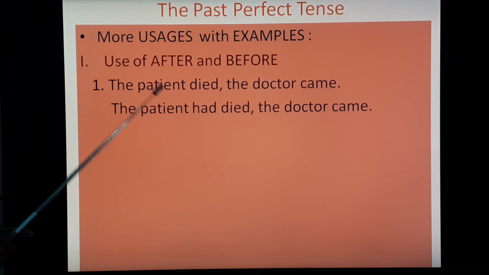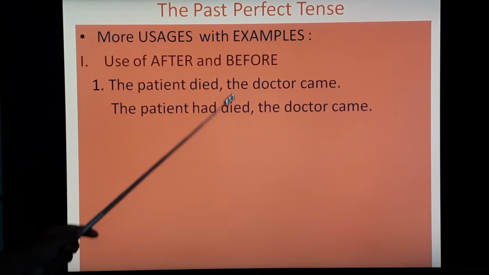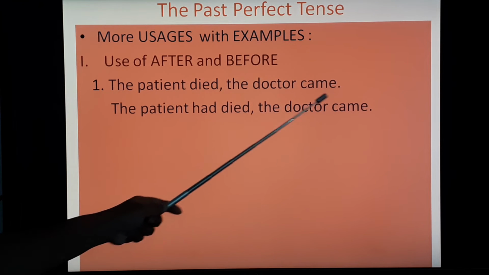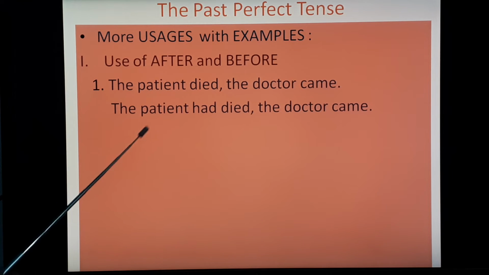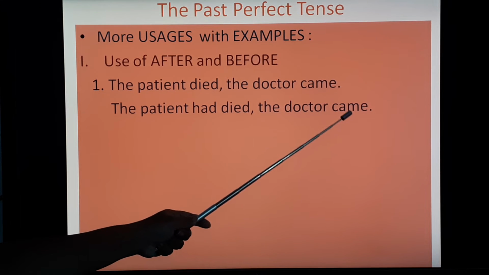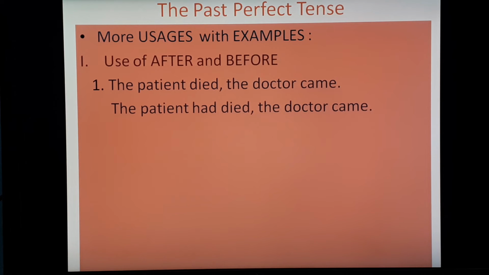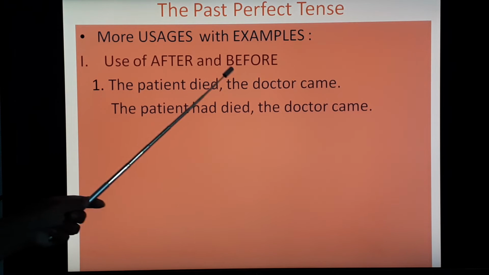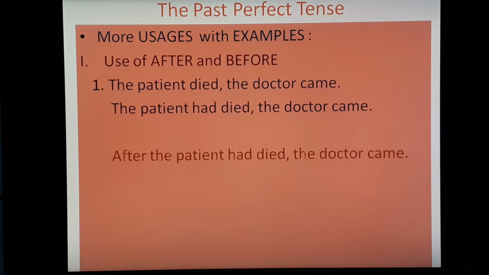The patient had died, comma, the doctor came. So with the first action we have put past perfect, and with the second action we have put V2 form, that is simple past. Now we will see where to put after and before. With the first action, whatever action happened first, with that you have to put after.